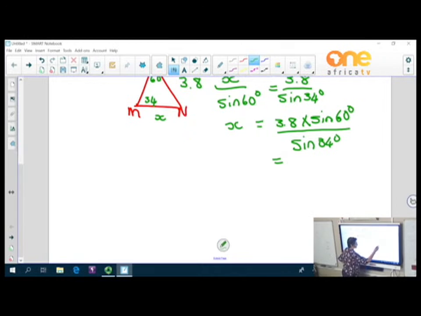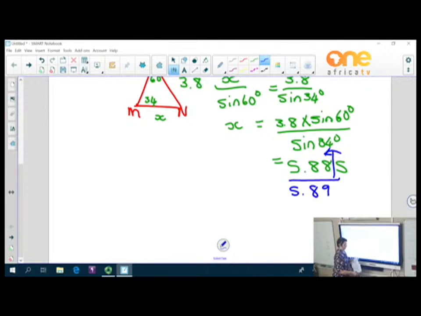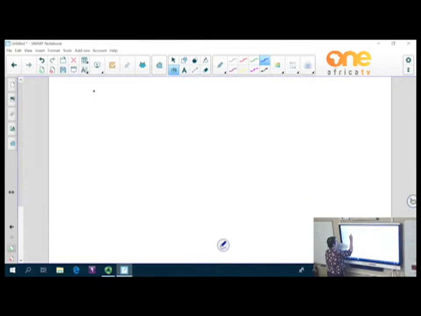So I got here 5.885. Sides are going to be rounded to 3 significant figures. So there is 3 significant figures. Will the 5 influence the 8? Yes, and it becomes then 5.89.